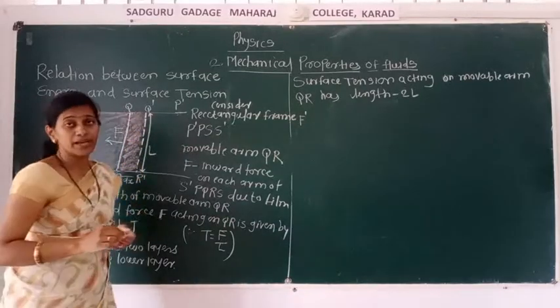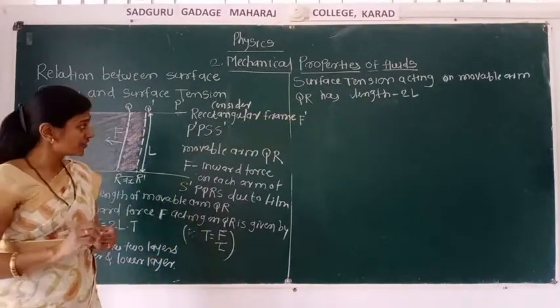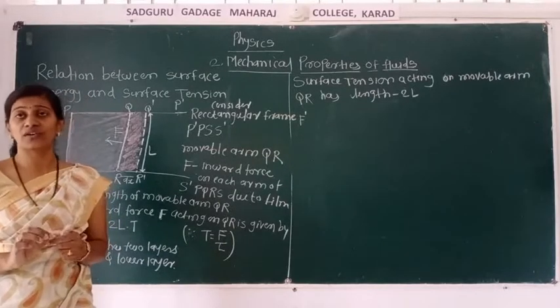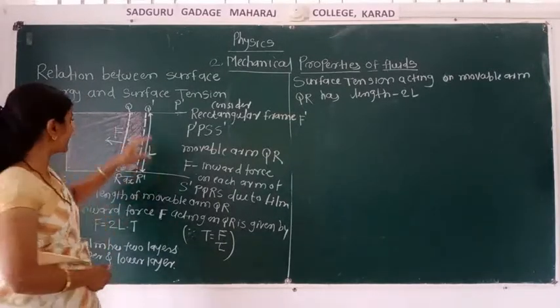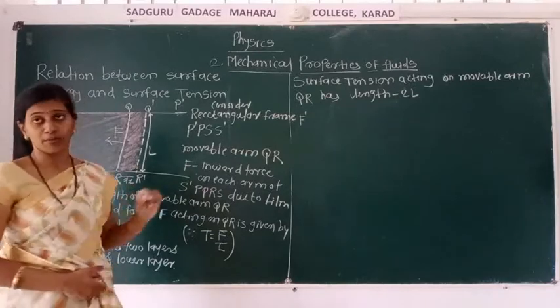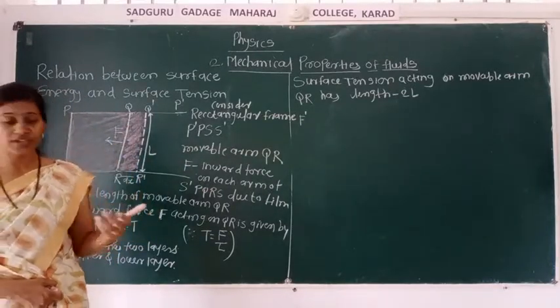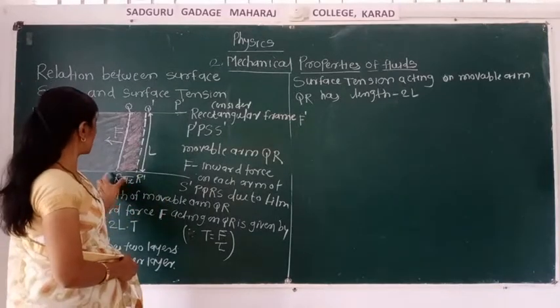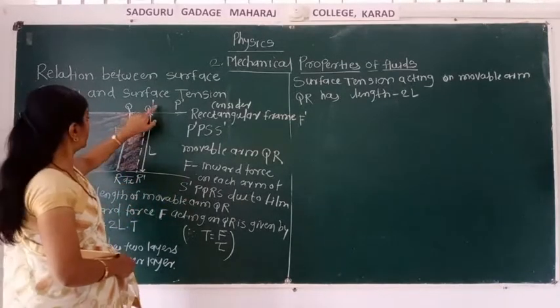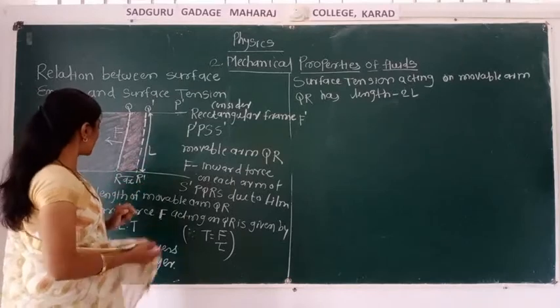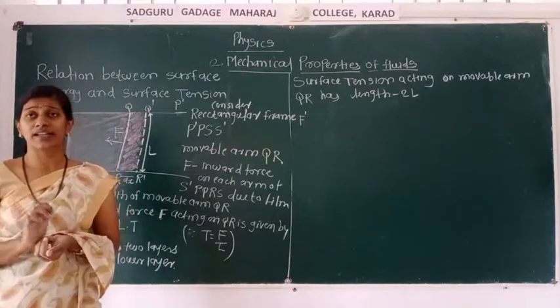Next, imagine the force F dash, which is equal to F but in the opposite direction, acting on the movable arm QR. Due to that, the movable arm is shifted some distance and moved to Q dash R dash through a displacement dx.